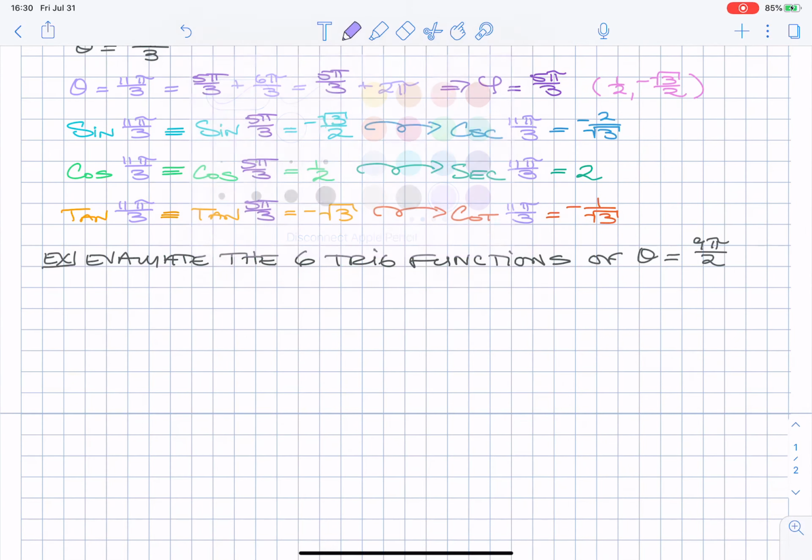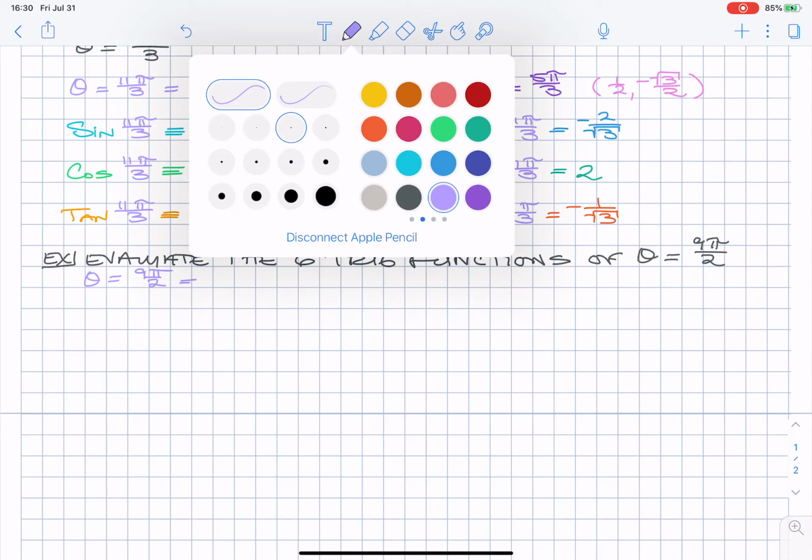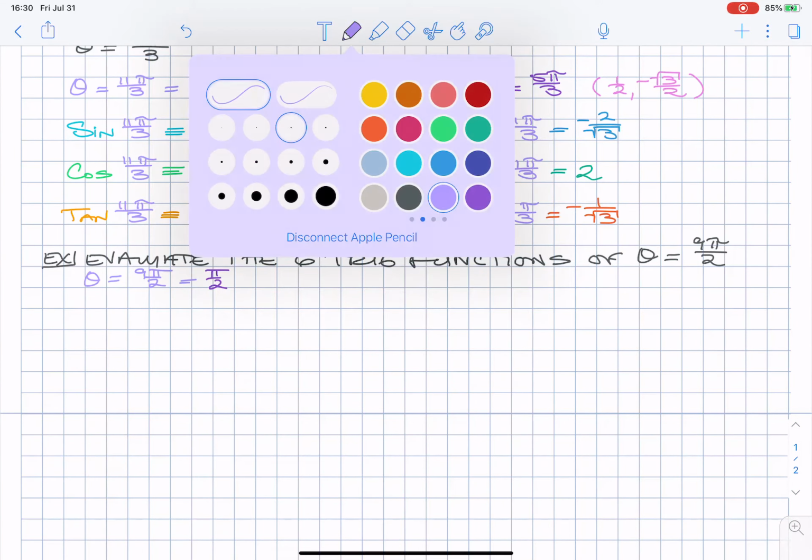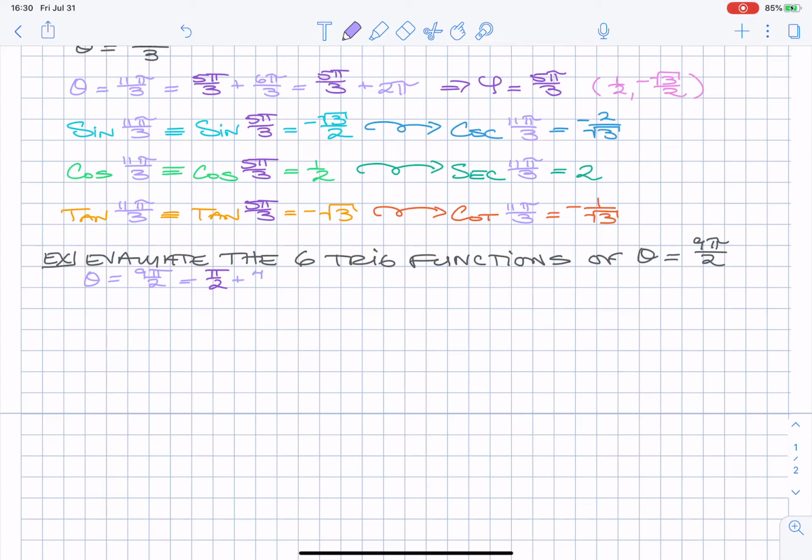Okay, so theta, which is 9 pi over 2, can be thought of as 1 pi over 2 plus 4 pi over 2.